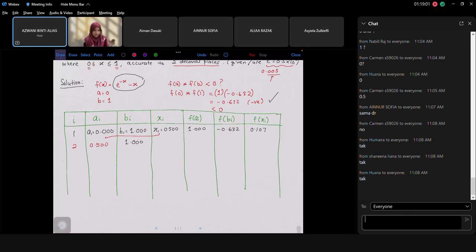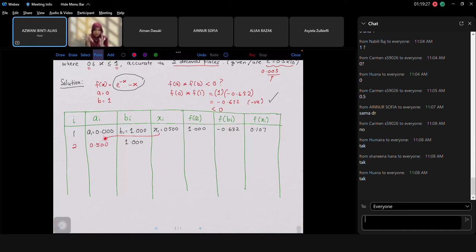Sebab A dengan X ni adalah positive sign, greater than 0. So dia tak consider dah, dia tak nak ambil A. Dia dah buang lah A yang ni. Dia tak nak the original A. So the next iteration untuk A, dia ambil the new A. New A from X. So iteration kita daripada 0 to 1 dah reduce kepada 0.5 kepada 1.